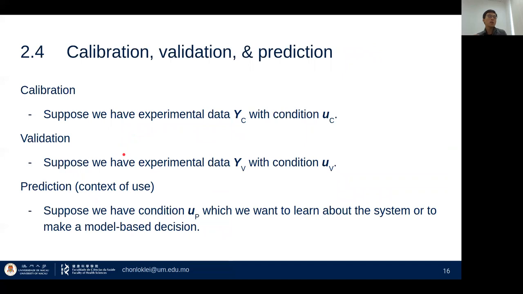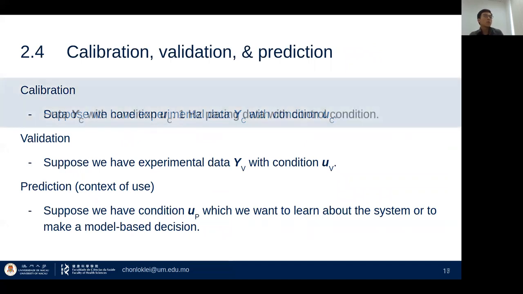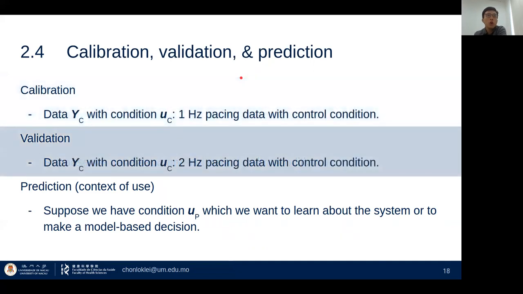With this model discrepancy in mind, let's have a look at how we're going to do model calibration for this synthetic data study. We will calibrate the model based on 1 Hz pacing data with control condition only. Then for validation, we will use 2 Hz pacing data, again with control condition, with a different pacing frequency.